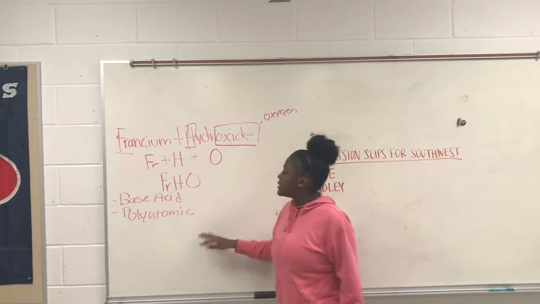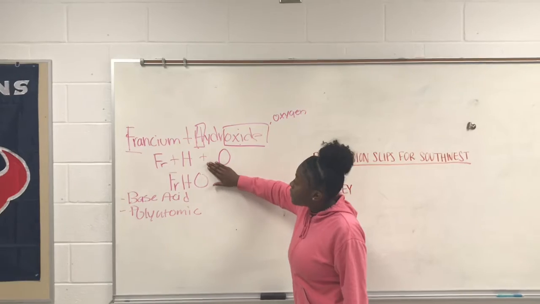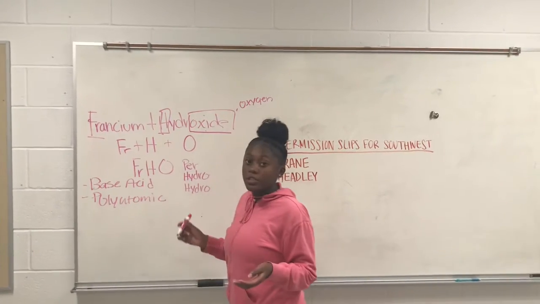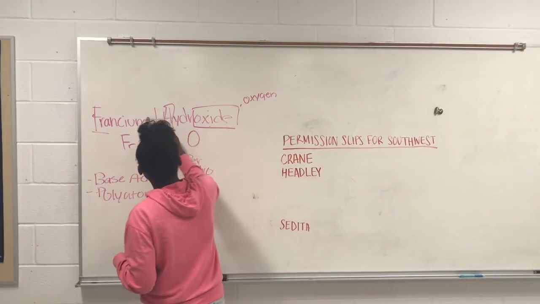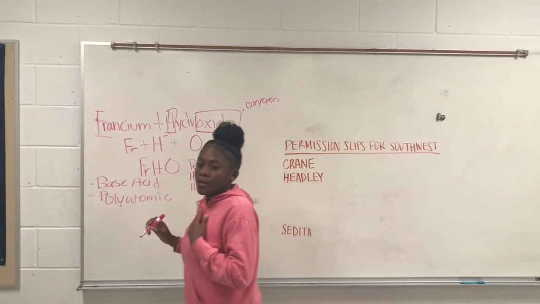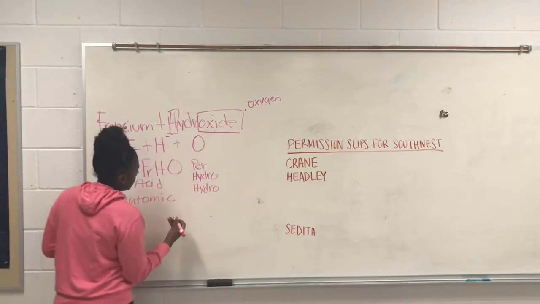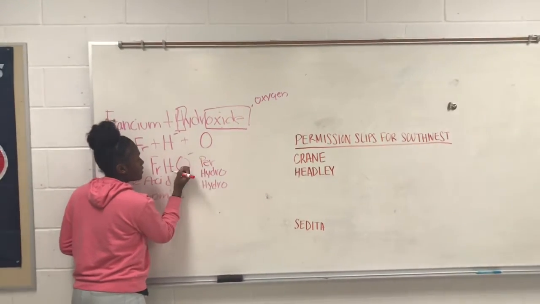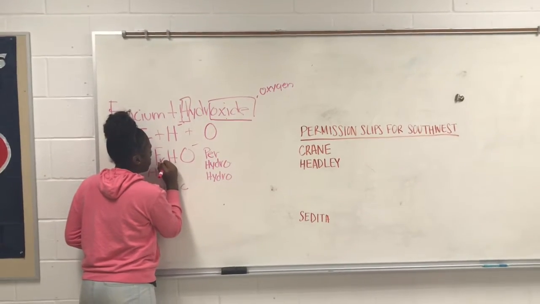And since it's a polyatomic, you can actually change the prefixes. So if you do the charges, hydroxide has a negative charge, and so that would actually make it OH negative.